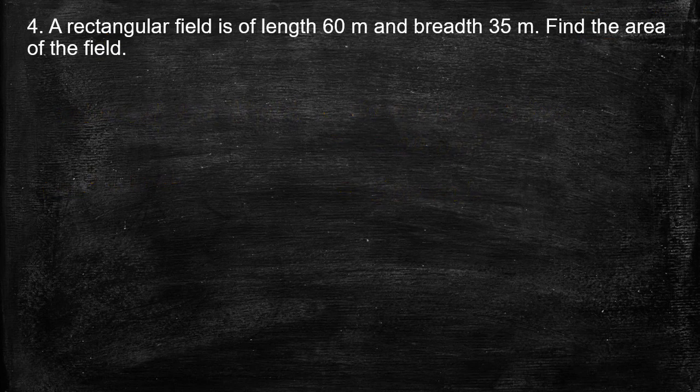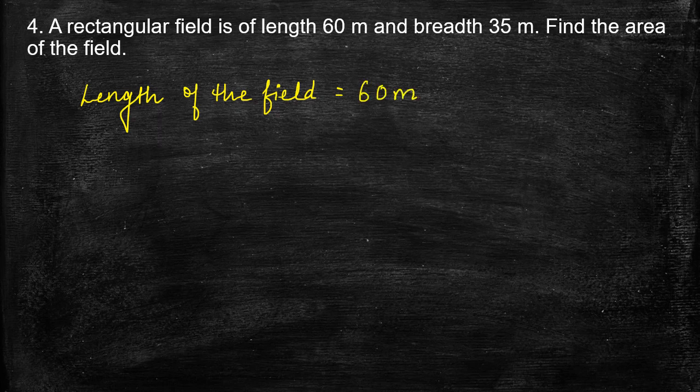Next question is a rectangular field is of length 60 meter and breadth 35 meter. You have to find out the area of the field. So length is given to us. Length of the field is 60 meter. Breadth of the field is 35 meter.